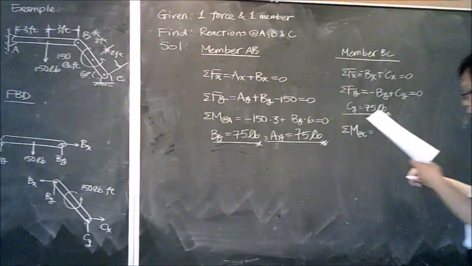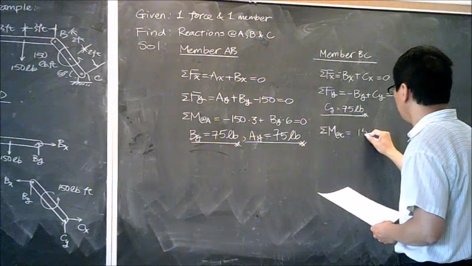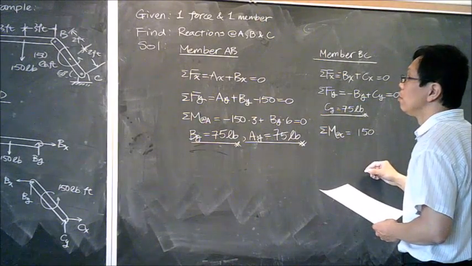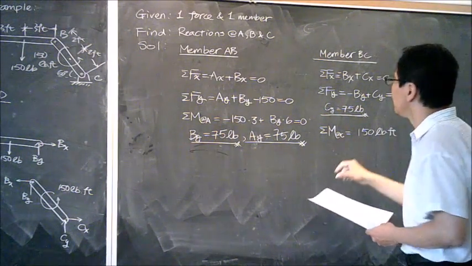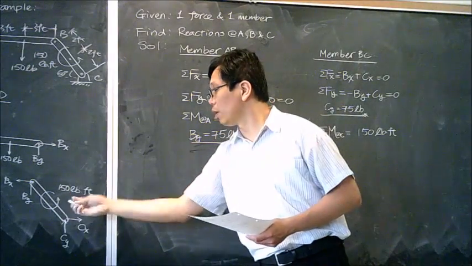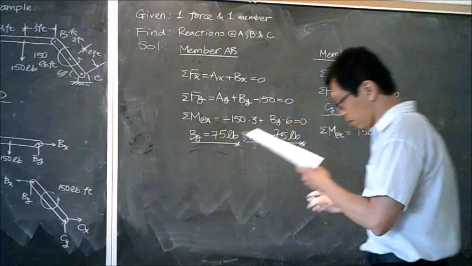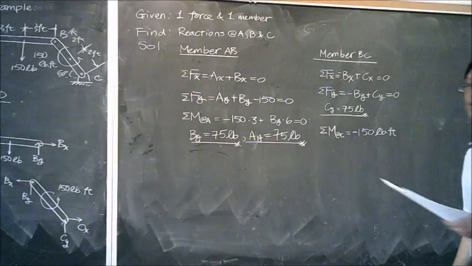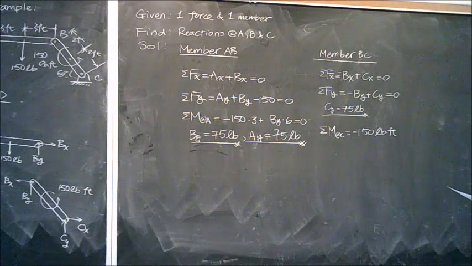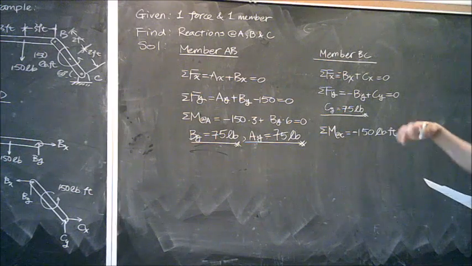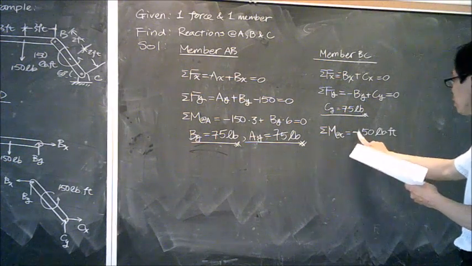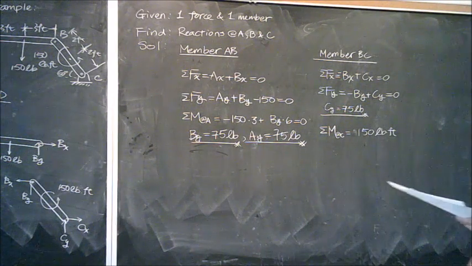So when we do that, it's going to be, that is this one, negative in front of it because it's clockwise. No, it's positive. It's positive, I'm sorry. It should be positive.